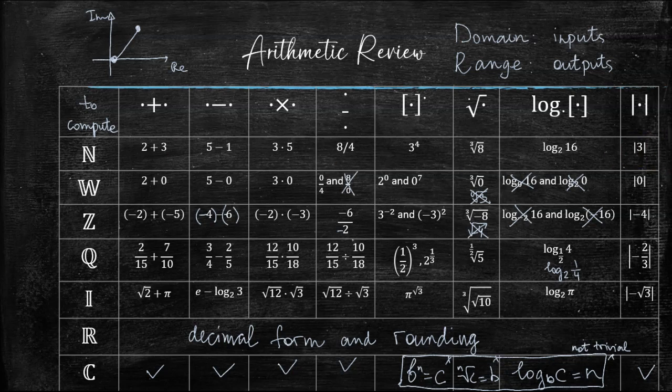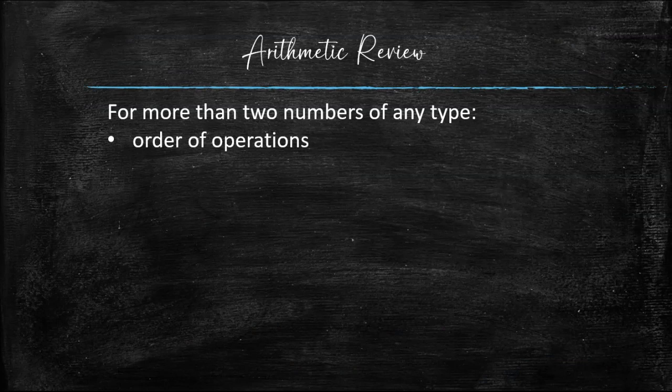All right. Now, when it comes to working with more than two numbers, now we're getting into the computational numerical expressions conversation. And the most critical skill now is the order of operations.